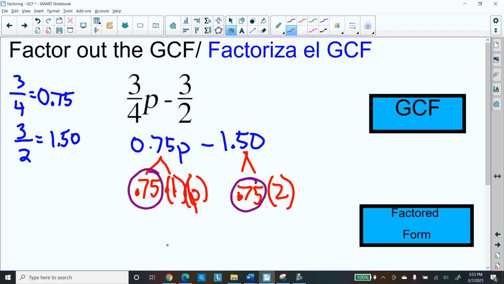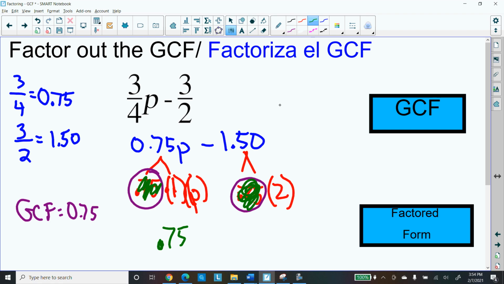So I have that as my GCF. My GCF is equal to 0.75. I'm going to rub that out and put that down here, 0.75, and rub this one out.